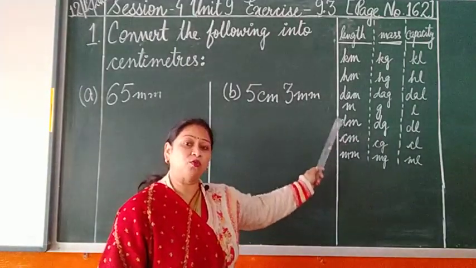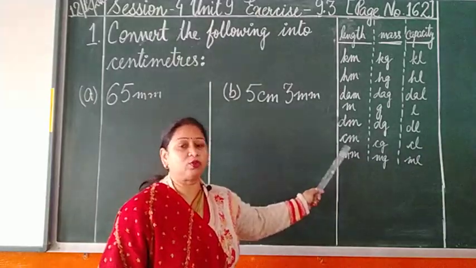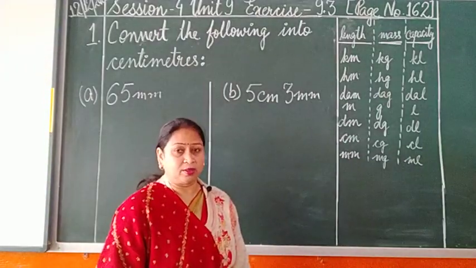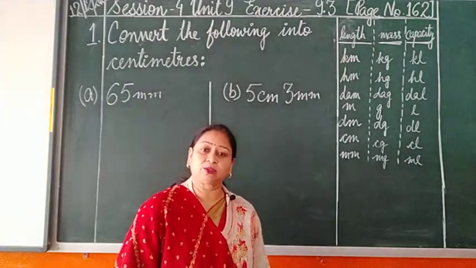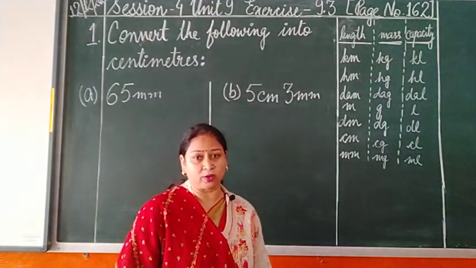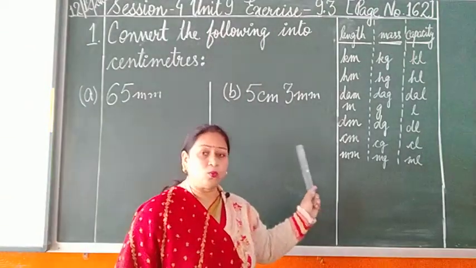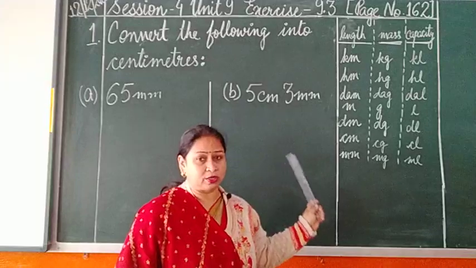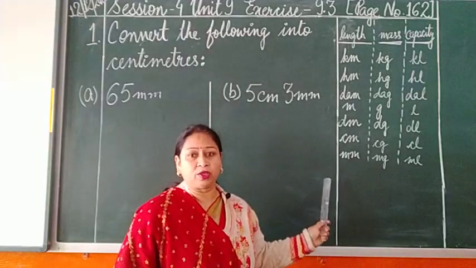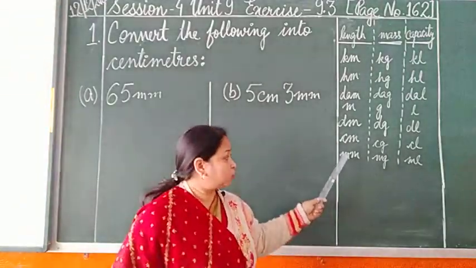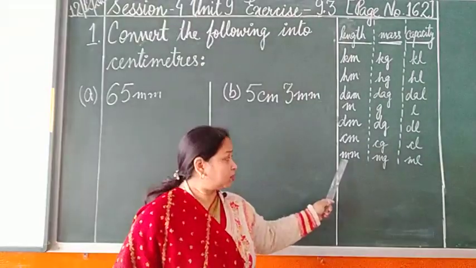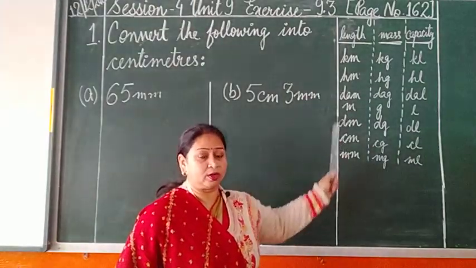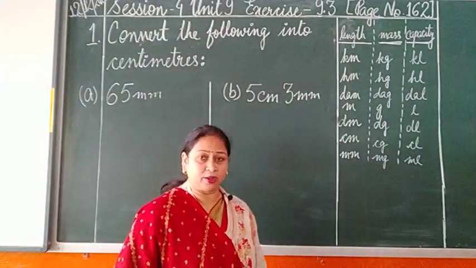As we move up, each step will be divided by 10. Please keep that concept in your mind and then attend today's class, because wherever the conversion takes place, there we will be going from a lower to higher unit, from smaller to bigger unit, right?